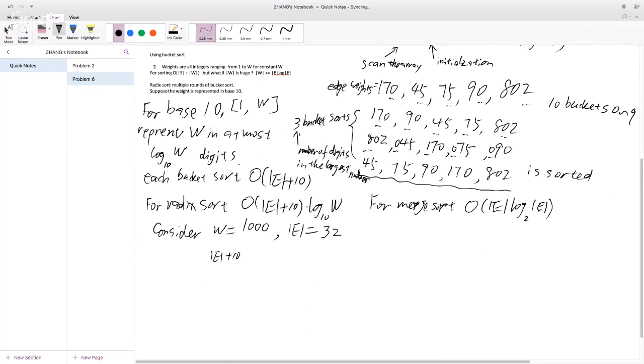E plus 10 log 10 W is 42, so it's 42 times 3, and log 2 E is 5, so it's 32 times 5.